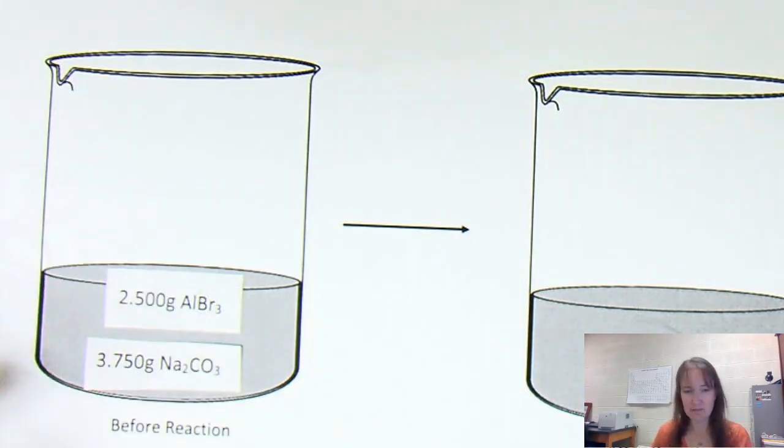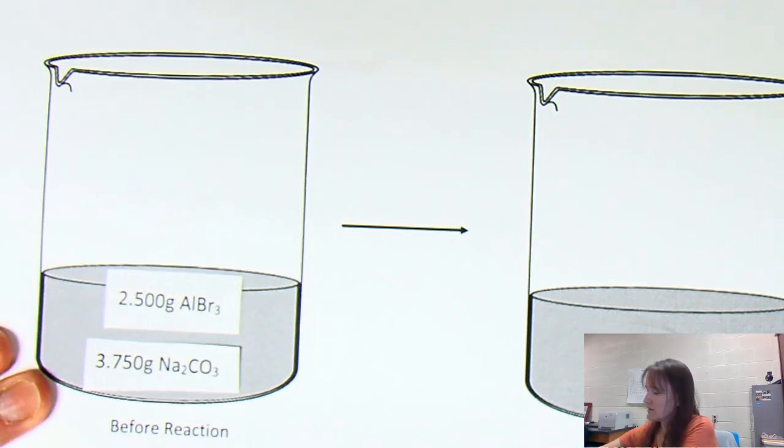They're going to start reacting with each other. The aluminums that are in their ion form will find the carbonates that are in their ion form and form a solid. So eventually we're either going to run out of the aluminum bromide or we're going to run out of the sodium carbonate.